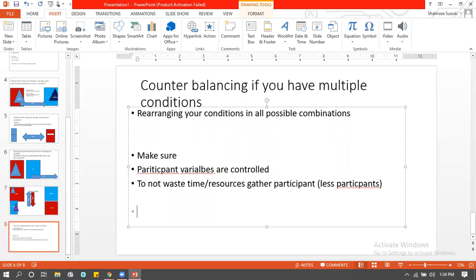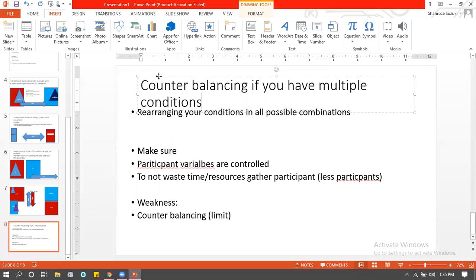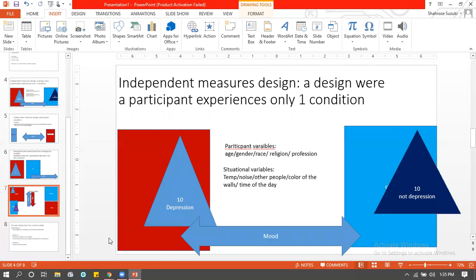What's the bad thing about it? The weakness or the limitation is that counterbalancing has a limit. You cannot do it for every single combination. So there's a problem with repeated measure design. Otherwise it's fine as well. Do you understand independent and repeated measure design both?